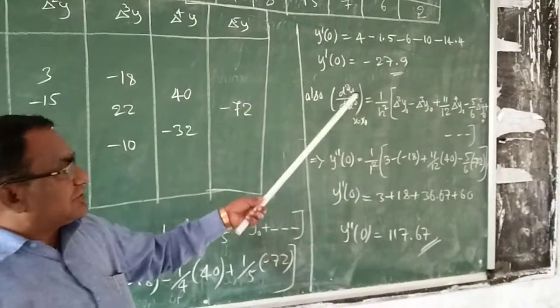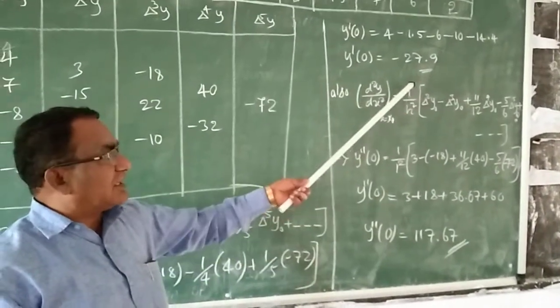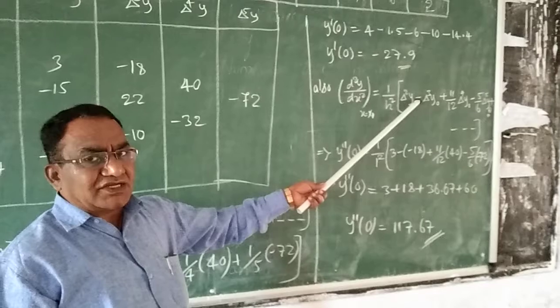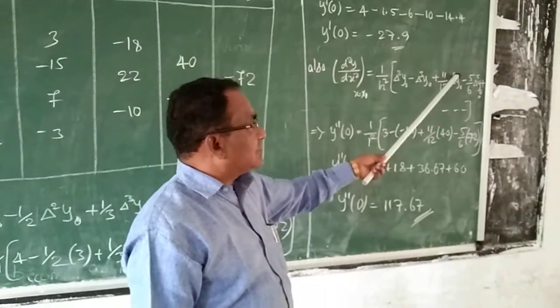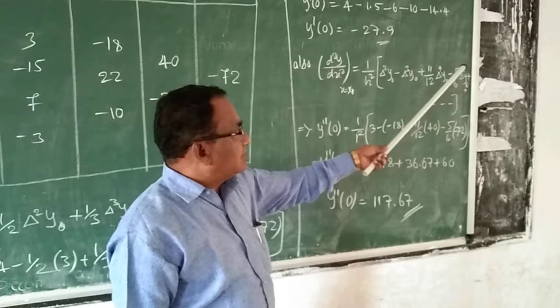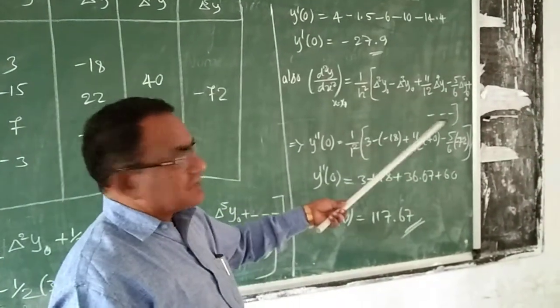Also the second derivative d squared y by dx squared at x equal to x naught. We have this formula: 1 over h squared into delta squared y naught minus delta cube y naught plus 11 by 12 into delta to the power 4 y naught minus 5 by 6 into delta to the power 5 y naught plus minus and so on.